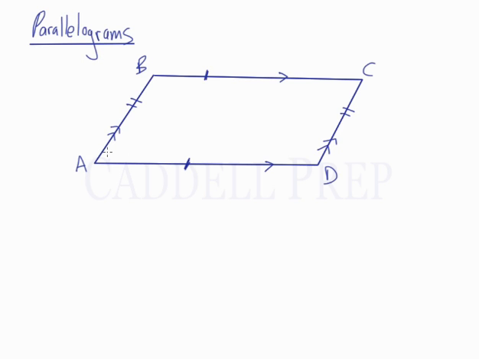Now let's take a look at the angles inside a parallelogram. This angle is congruent to this angle. So the angles that are across from each other are congruent.